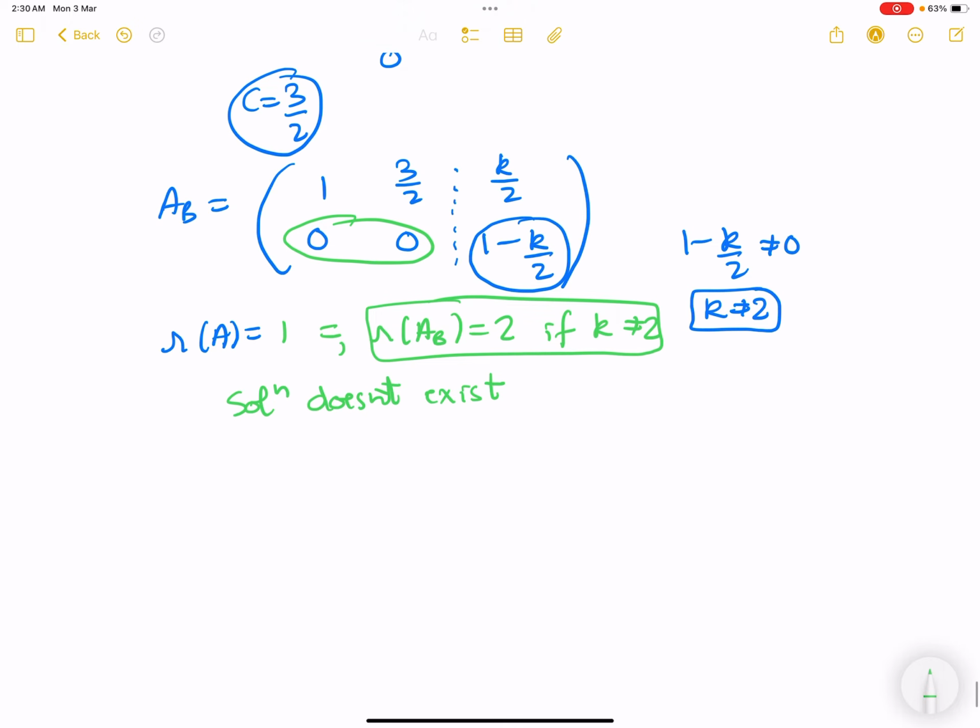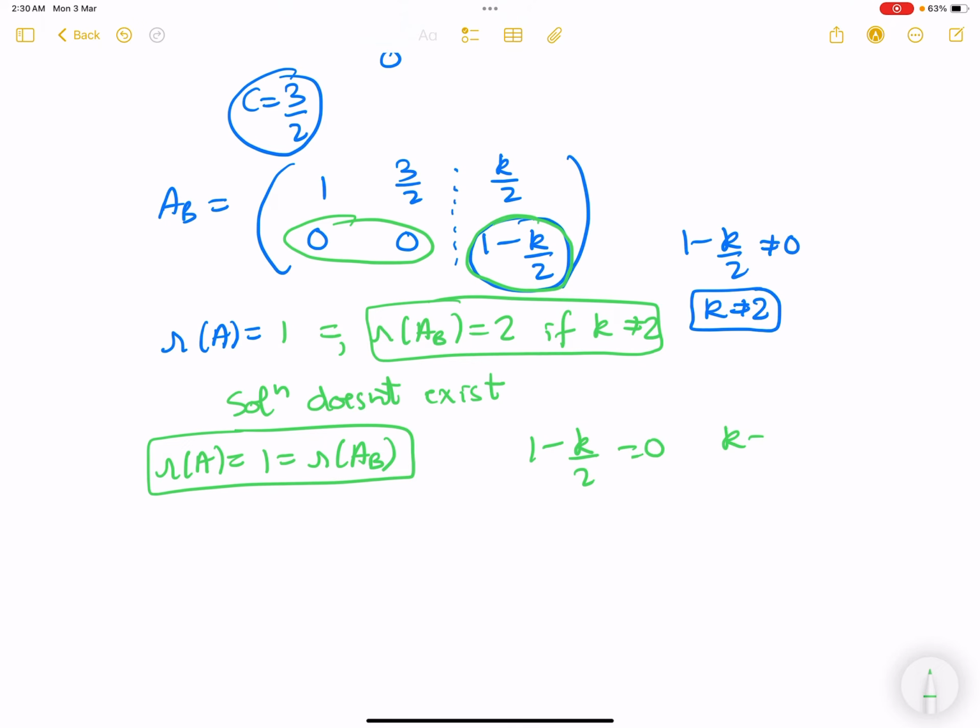Okay, but the solution would exist and it would be an infinite solution when this term also becomes 0. So in that case, rank of A would be equal to 1, which would be equal to rank of A augmented B. This is possible when 1 minus k by 2 is 0.